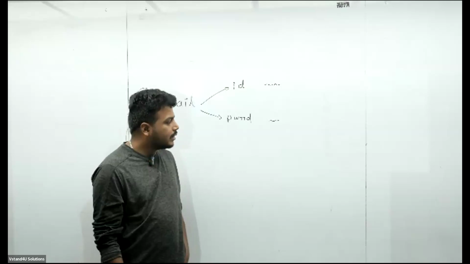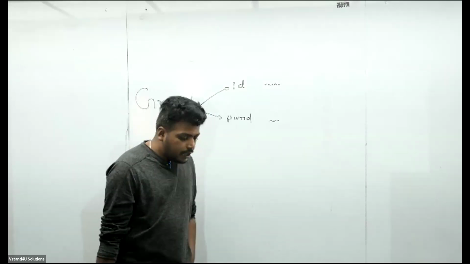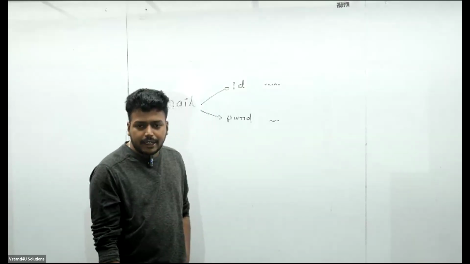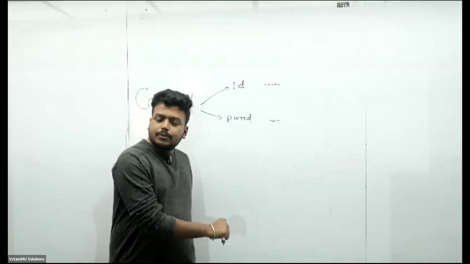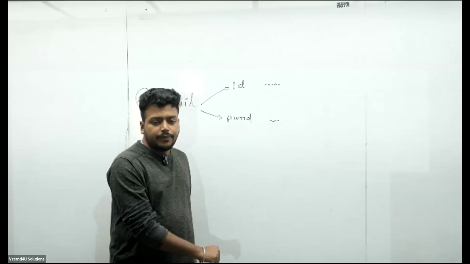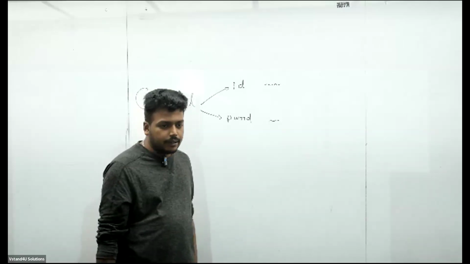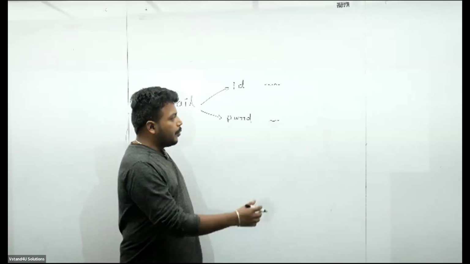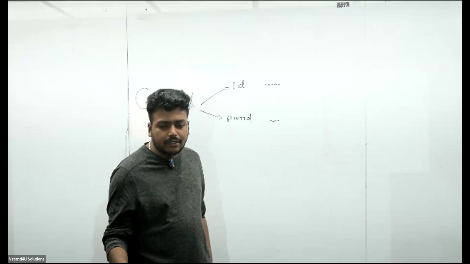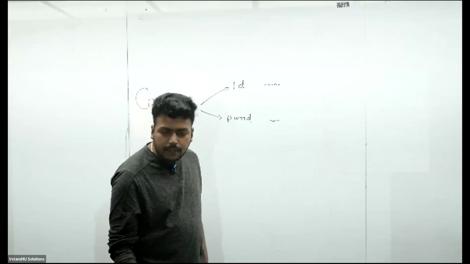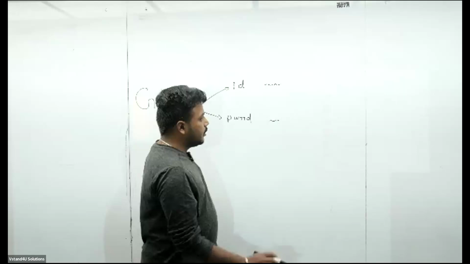Just listen, I will explain the concept. When you are using a front end, it may be HTML, CSS, or JavaScript, anything. If you are using Java as a backend, this is the mandatory thing.